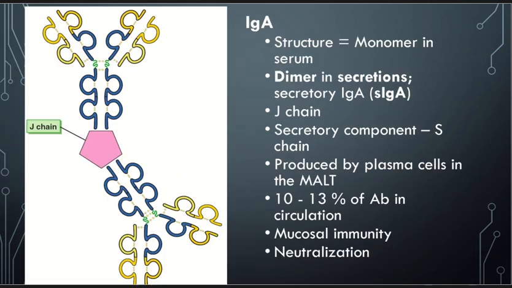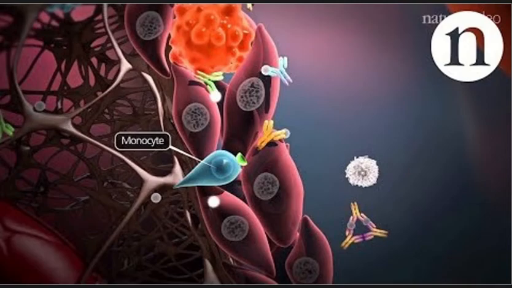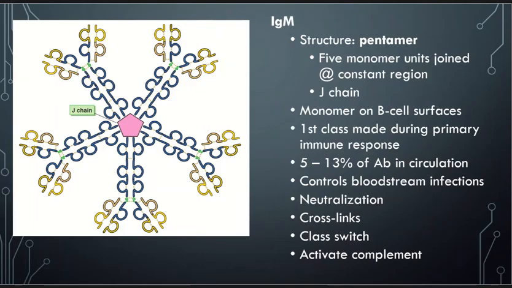Next, we have our IgA, and the special thing about that, that I also forgot to mention, is I want to point out this is one of two antibody classes that has a J chain. So pretty much if you're asked about an antibody molecule that will have a J chain, that's probably either going to be your IgA or your IgM.